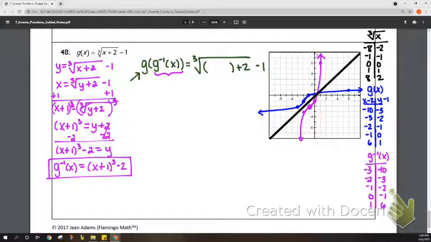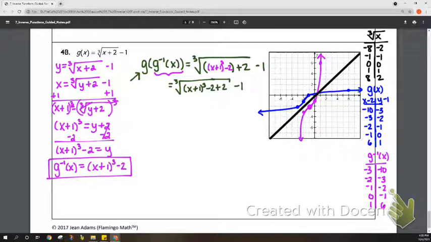So I look down there, and it's x plus 1 cubed minus 2. So then we just need to simplify that. So work underneath that radical. I can't work anything in that parentheses, but I don't really need the parentheses, so if you wanted to, we could just omit them. So we'd have our x plus 1 cubed minus 2 plus 2 with the minus 1 at the end.